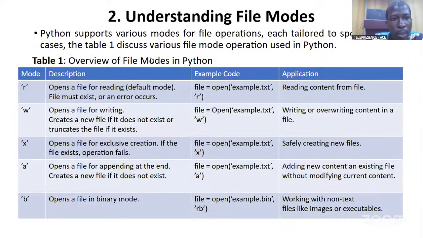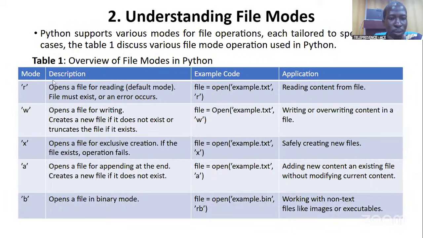Python supports various modes for file operations, each tailored to specific use cases. The table discusses various file modes used in Python. So we have it, an overview of file modes in Python.